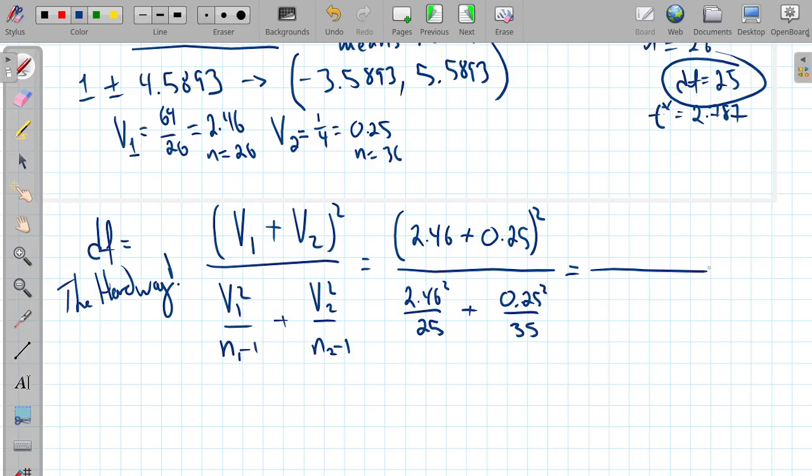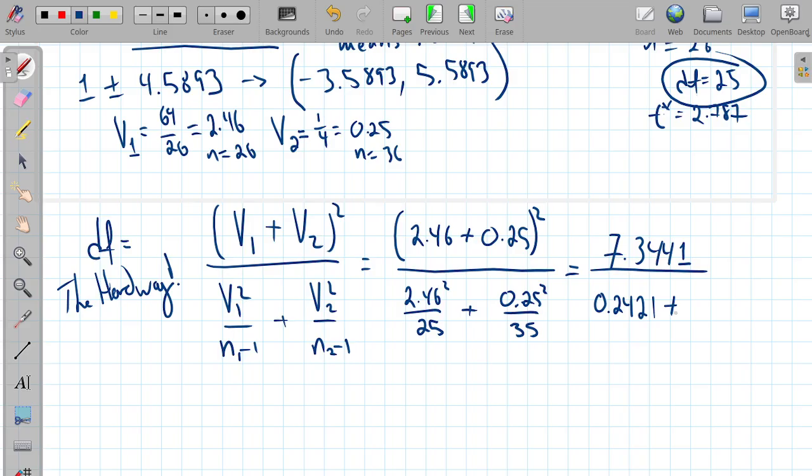2.46 plus 0.25 gives us that, and if we square it, we get 7.3441. Now let's get that first denominator. 2.46 squared divided by 25. So this will be 0.2421.